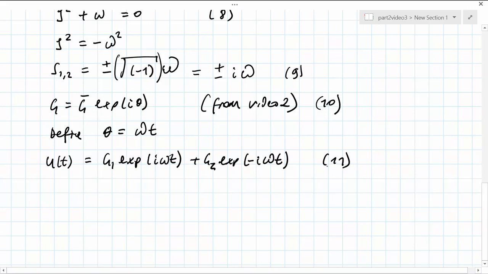Using our knowledge of complex numbers, we need to find values for G1 and G2 and transform this into trigonometric form.